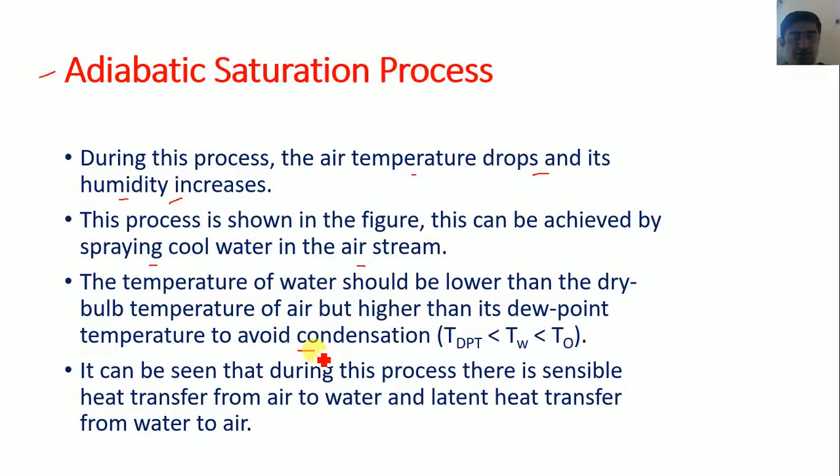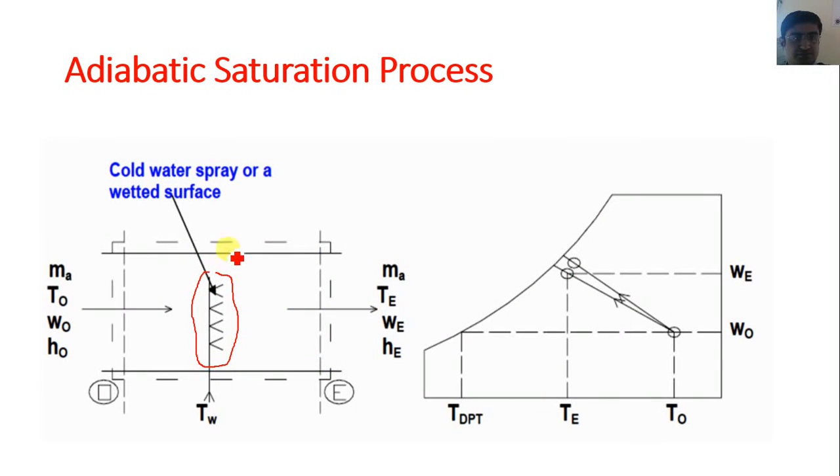So the circulating water, or cold water temperature, must be lower than the dry bulb temperature, but higher than the dew point temperature of air.